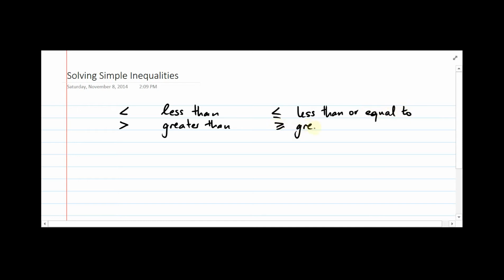There are certain inequality symbols. We have our less than, or greater than, right? And we also have our less than or equal to, and our greater than or equal to.